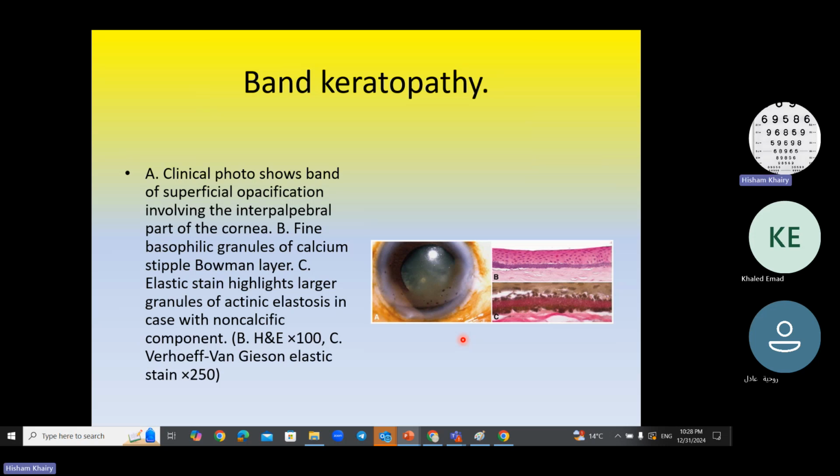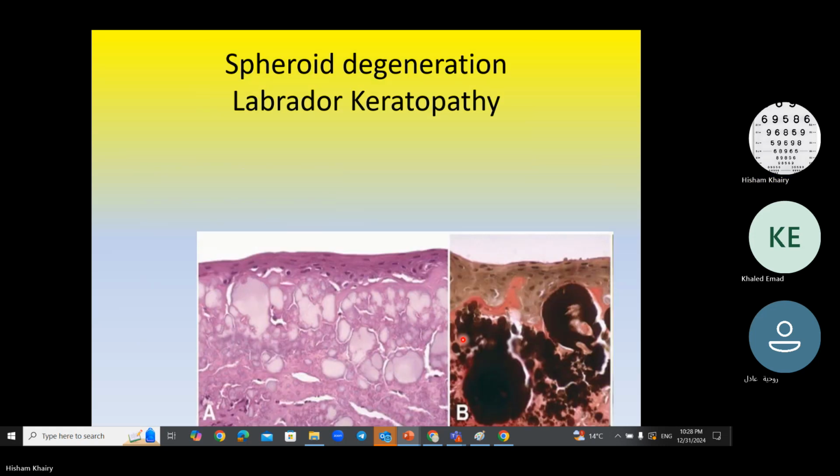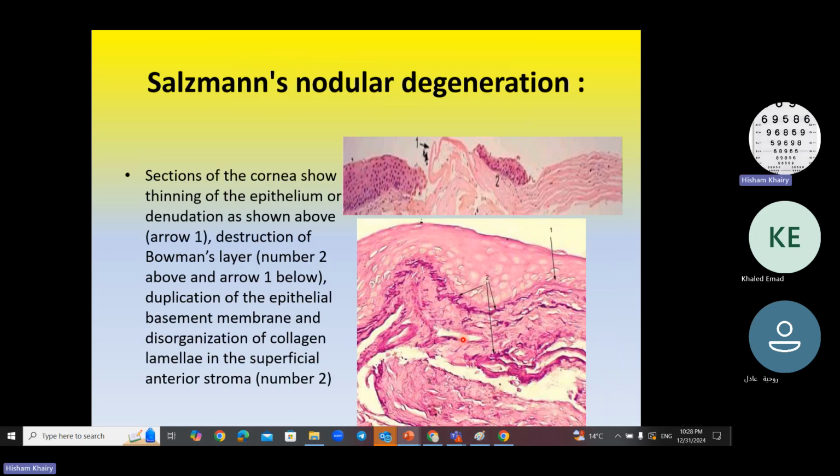But band keratopathy may have superficial opacification with calcium deposits with clear areas at the nerves. Spheroidal degeneration or Labrador keratopathy. Salzmann nodular degeneration.